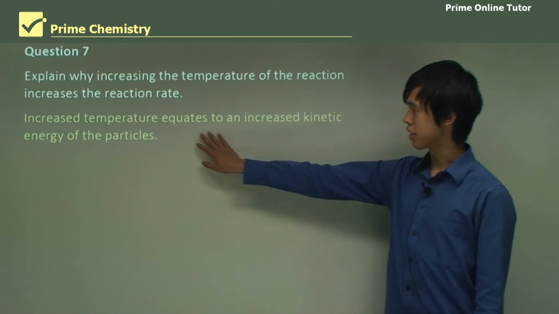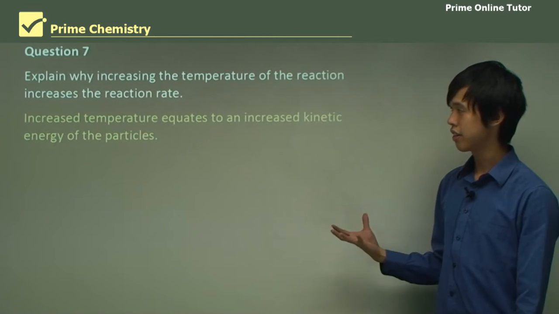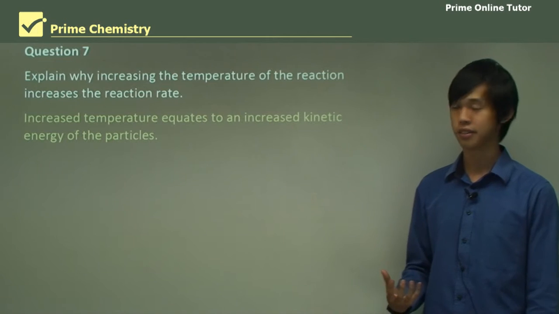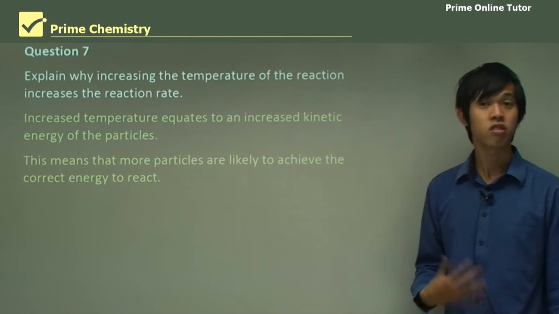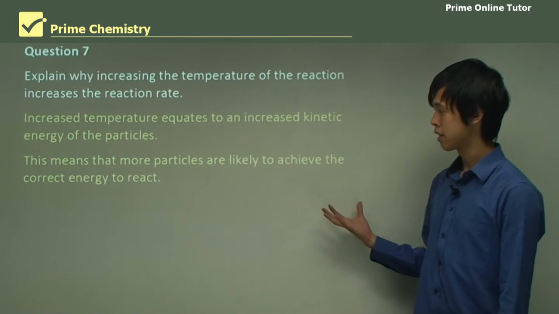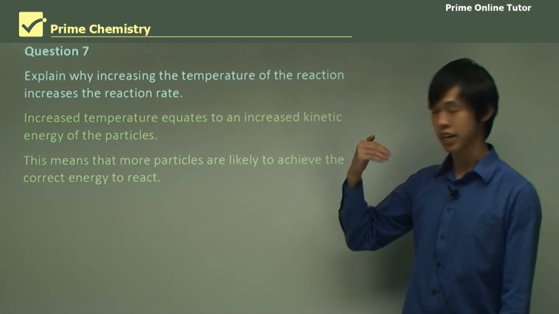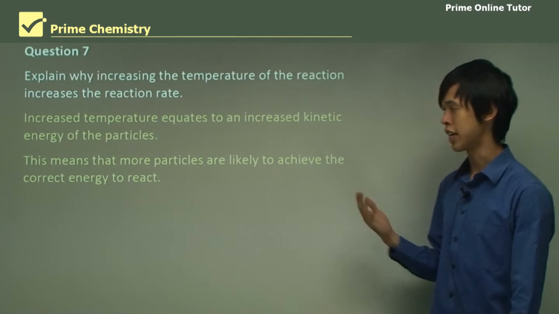So increased temperature equates to an increased kinetic energy of the particles. Okay, so an increased temperature equates to greater energy in the particles. This means that more particles are likely to achieve the correct energy to react. So if the temperature goes up, then the particles' energy goes up, which means that the particles will more likely have the correct energy to react.